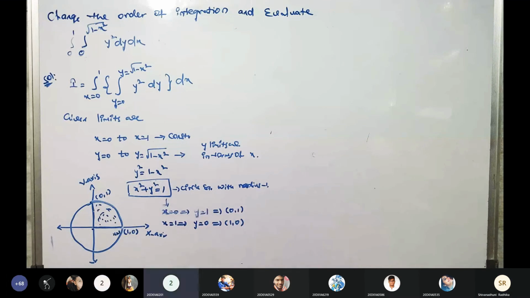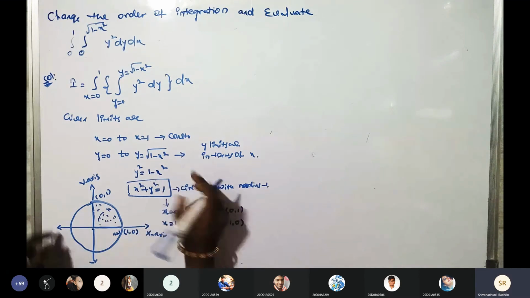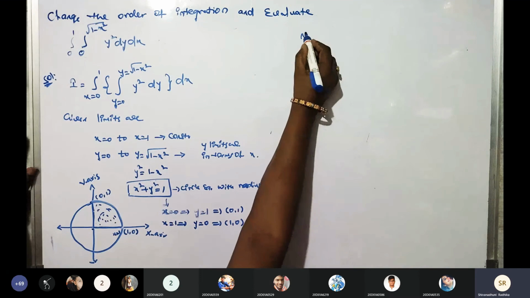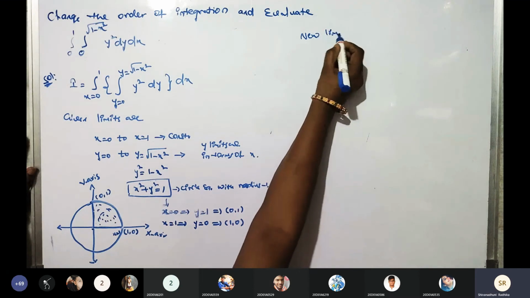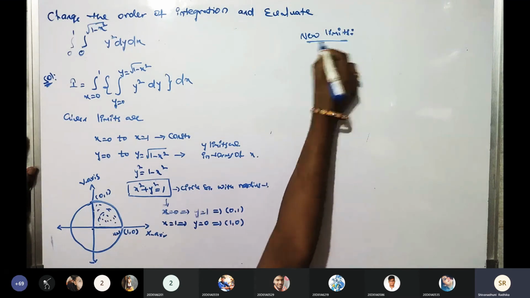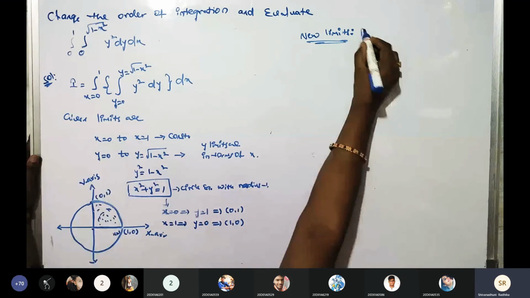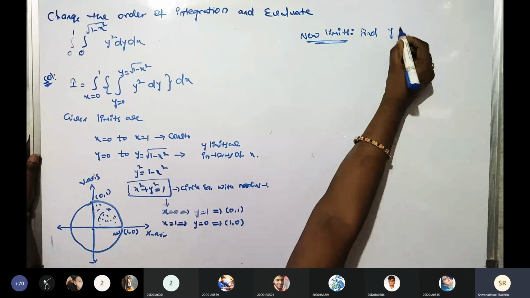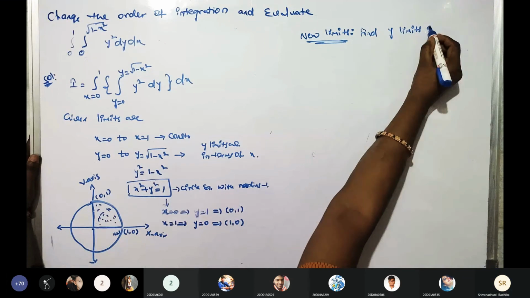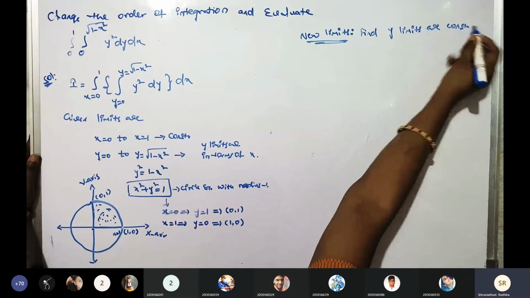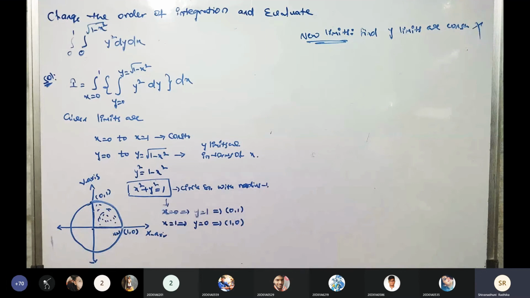Parallel to x-axis. Very good. We are going to take the strip that is parallel to the x-axis because I'm going to write the new limits. See here, the new limits are opposites of the given limits. X are constants, then find y limits as constants.